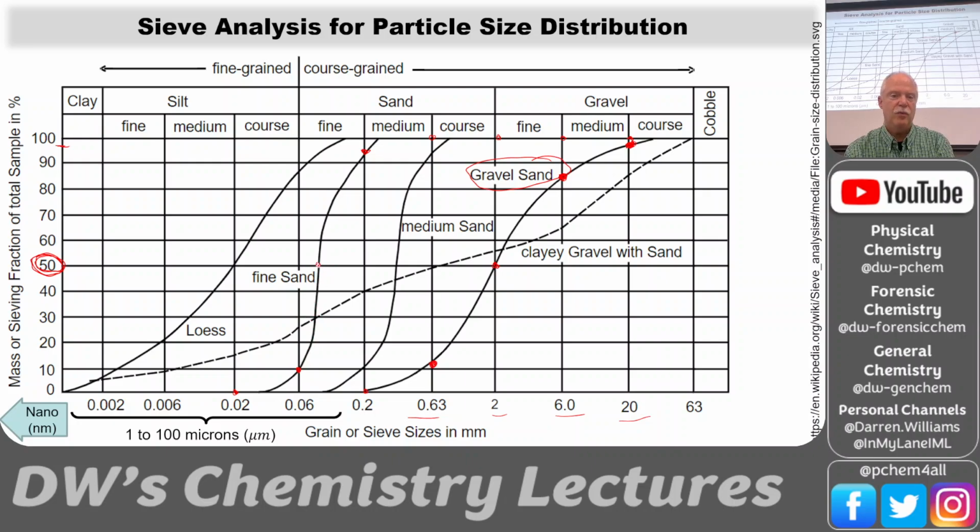Where it crosses this line, that would be what we would call the average particle size. So this sand is telling us the average particle size is between 0.06 and 0.2 millimeters. The gravel, the average particle size is 2 millimeters. Where that distribution passes the 50% mark, that's the average. Half is above, half is below.